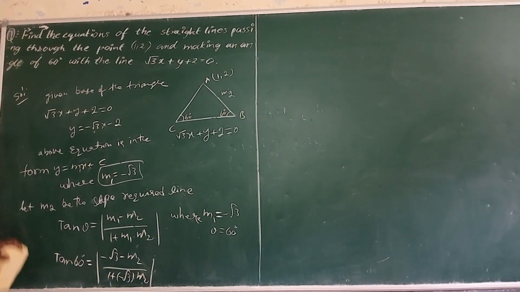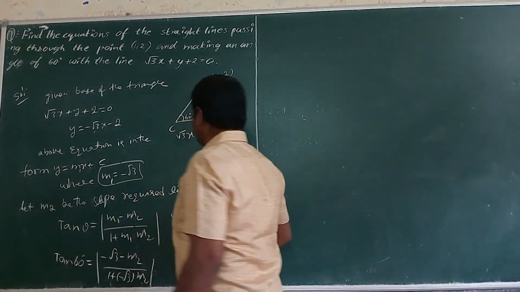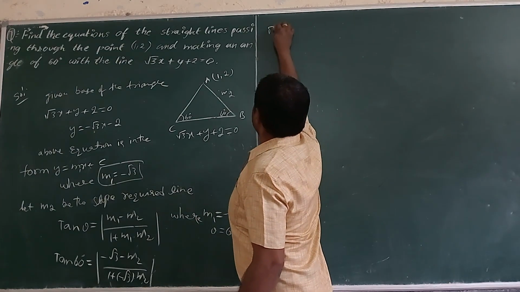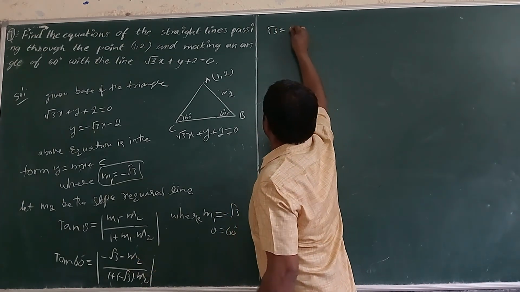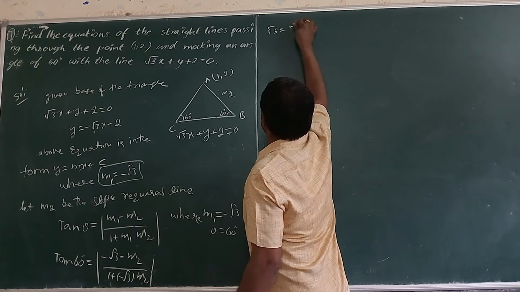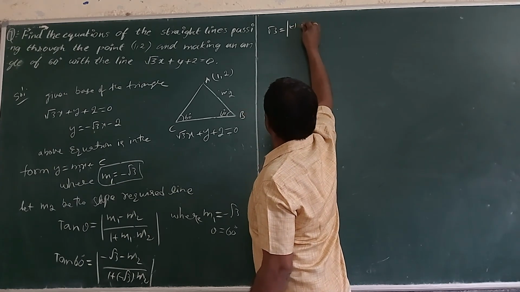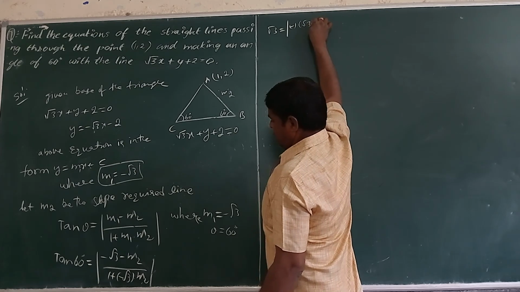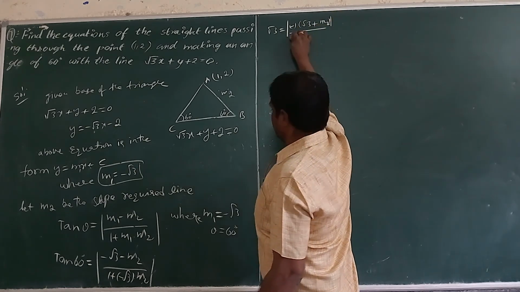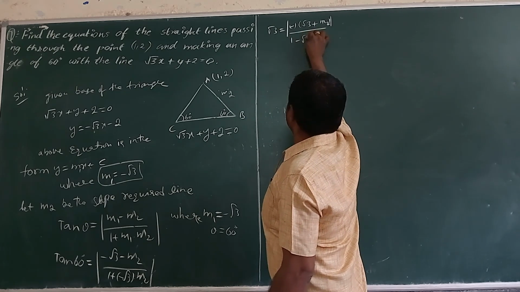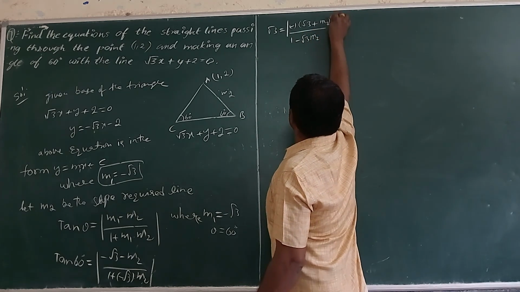Tan 60 is root 3, so from the numerator, taking minus common, mod of minus of (root 3 plus m2) by (1 minus root 3 m2).